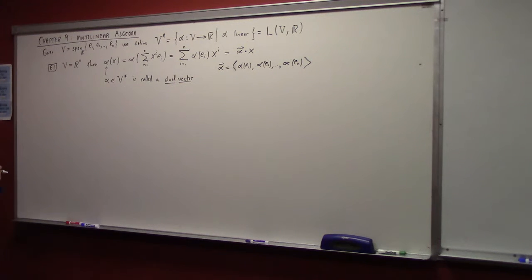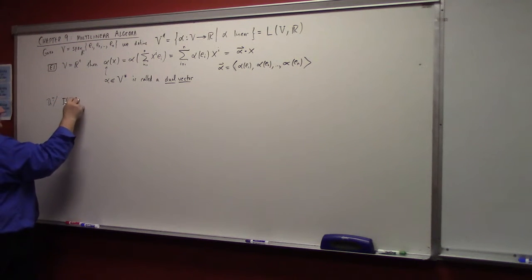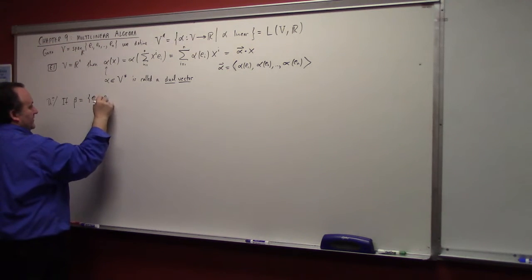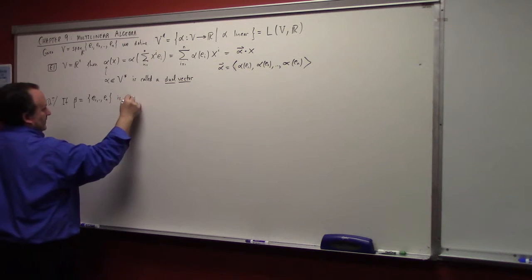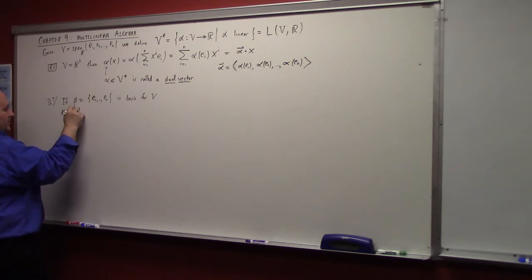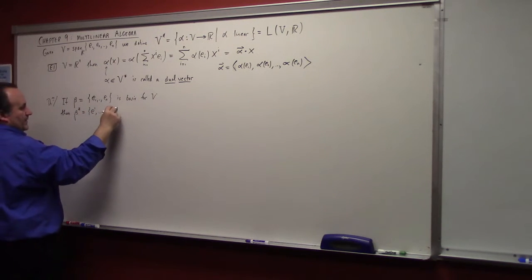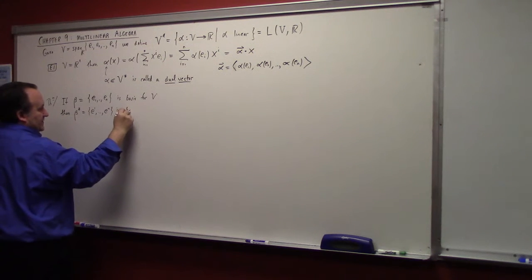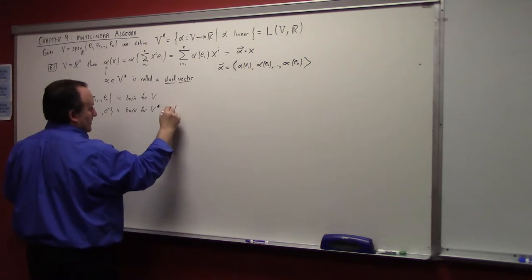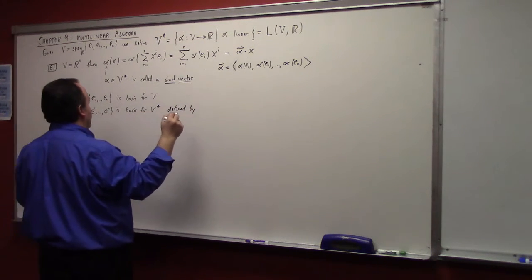Now, theorem: if beta equals e_1 through e_n is a basis for V, then beta dual, which we'll use the notation e^1, ..., e^n, is a basis for V dual defined by, well, let me say it this way.